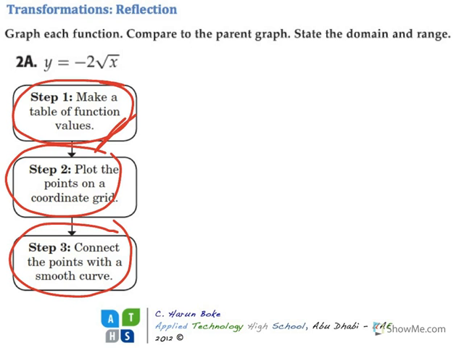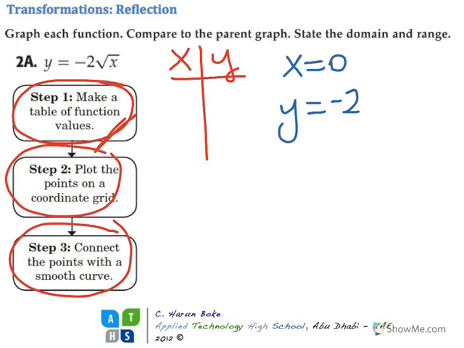Now, first of all, the table. Okay. Now, for x is 0, y is minus 2 square root 0, which is 0, because square root of 0 is 0, and 0 times minus 2 is 0.